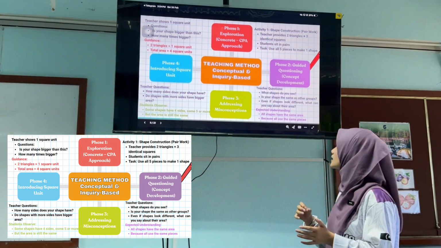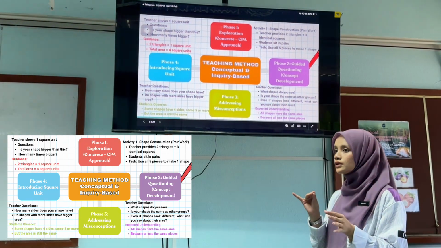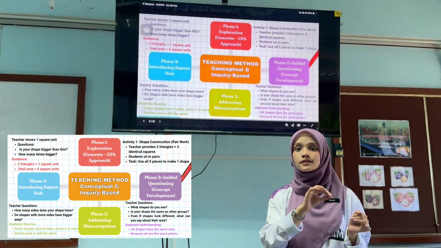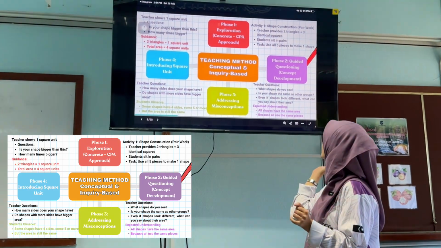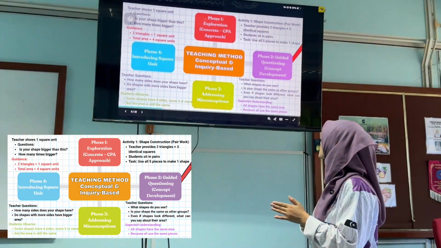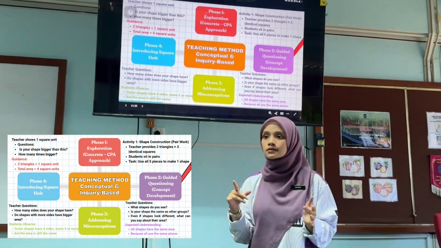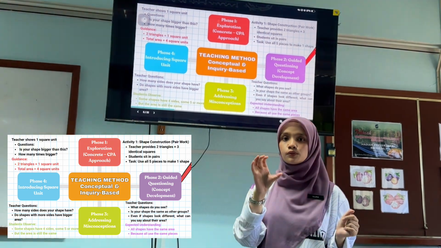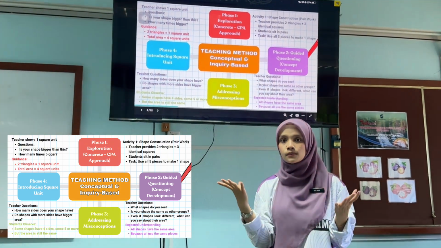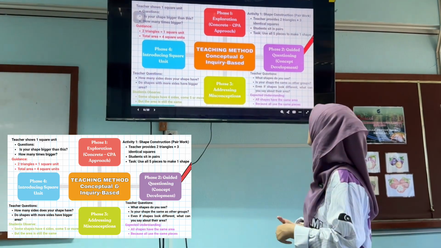The task is that the teacher asks students to use all 5 pieces, and each group has the same pieces, which is 2 triangles and 3 squares, to make one shape. So each group makes a different shape with different sides, but with the same area.